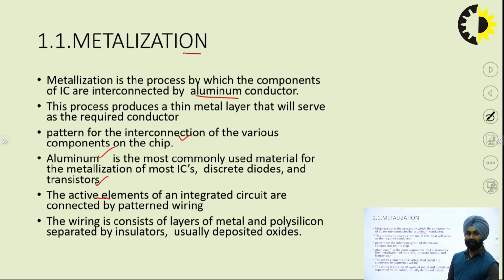We have to create this wiring, which consists of layers of metal or polysilicon separated by insulators. These insulators are usually deposited oxides. So we create different devices, and those devices are then connected through the metallization, mainly through aluminium.